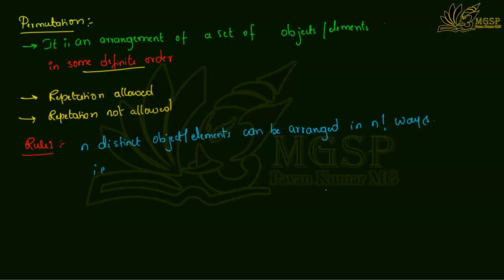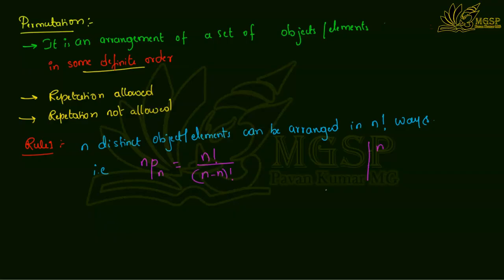That is the formula: nPn is equal to n factorial divided by (n minus n) factorial. This is the formula we have.